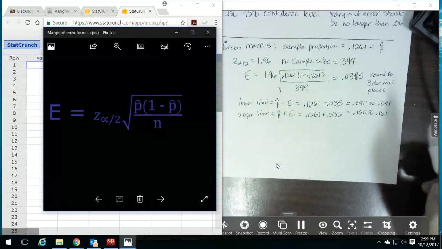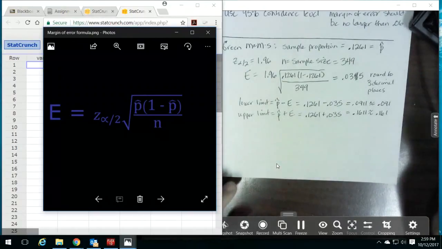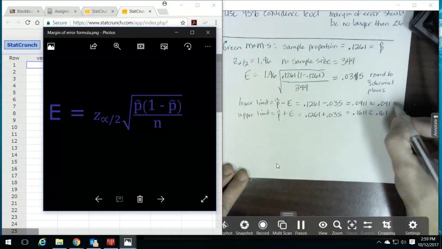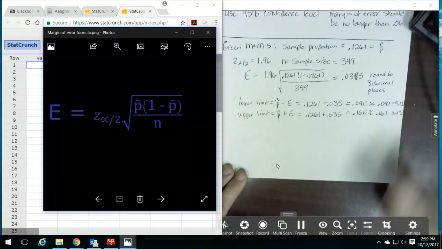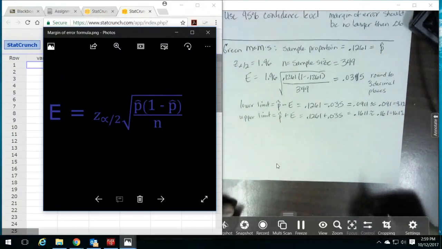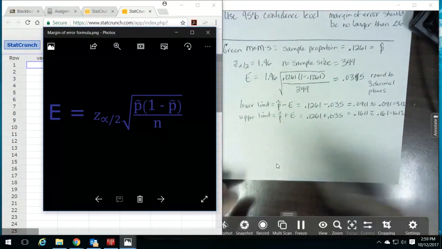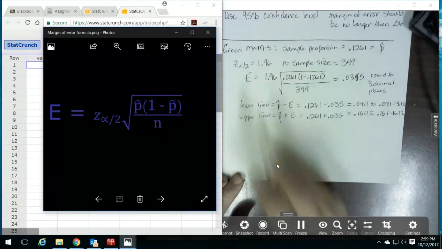So in that case, since those were percentages, then we'll probably want to list them as percentages. So we could say this would be 9.1% and this would be 16.1%. Okay, so that would be for my green M&Ms.